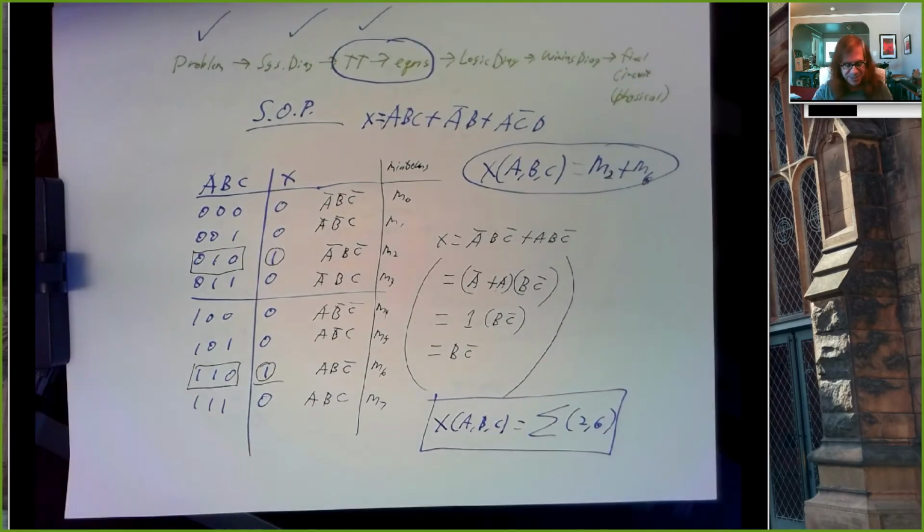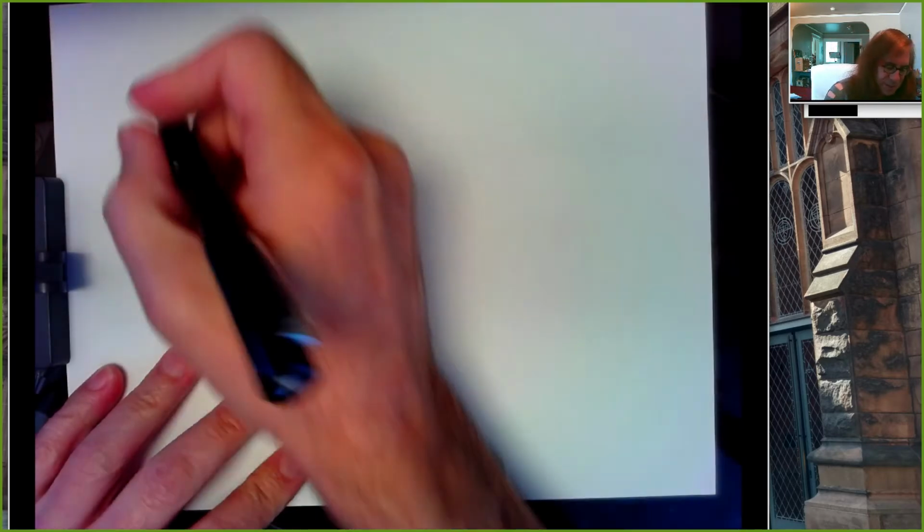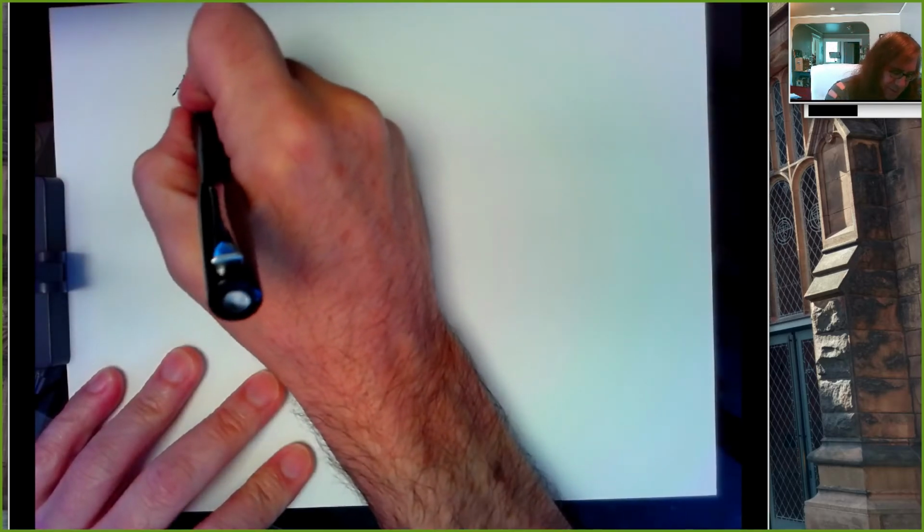But let's talk about simplification of equations. This is going to use a method called K-maps or Karnaugh maps, and let me try to give you a motivation for this.